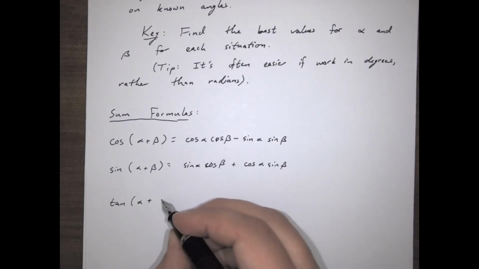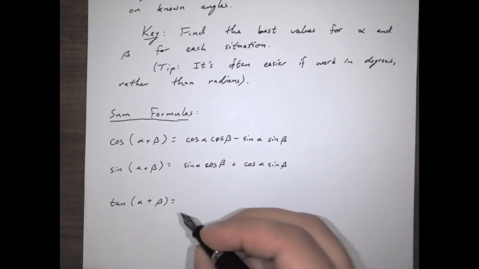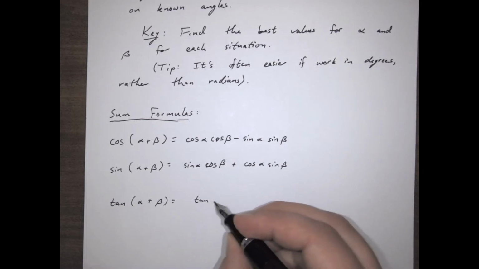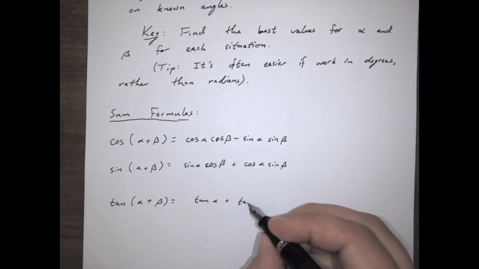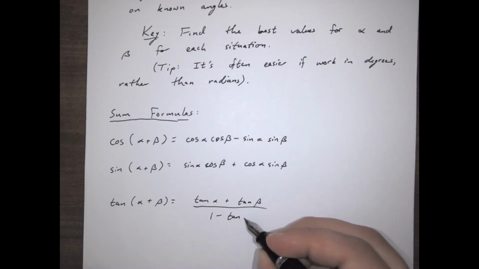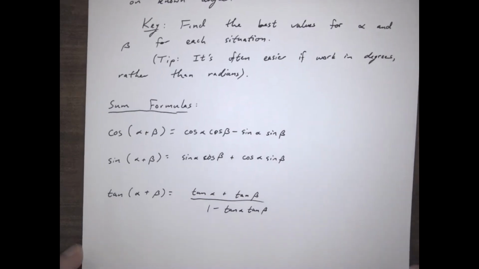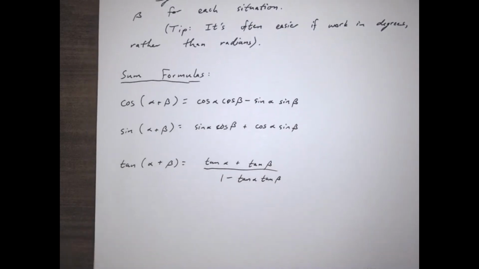So it's tangent of alpha plus beta: take this formula, put it on top of that formula, divide by all the cosines, and what you'll get is tangent alpha plus tangent beta, all divided by 1 minus tangent alpha tangent beta. And again, if you want to know how that comes from these, divide the sine formula by the cosine formula, and then divide everything through by cosine alpha and cosine beta, and you would get this.